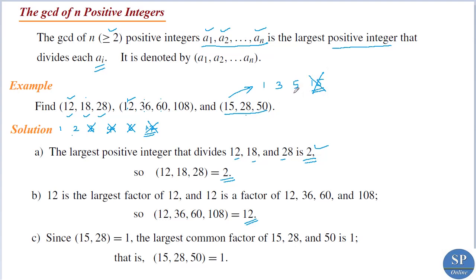Now what about 5? 5 divides 15 and 5 divides 50, but 5 does not divide 28. So this is not the GCD. Now 3 divides 15, 3 does not divide 28. So this is also not the GCD. Now it is 1. So 1 divides 15, 28 and 50. So the largest common factor is 1, and so that is the GCD.